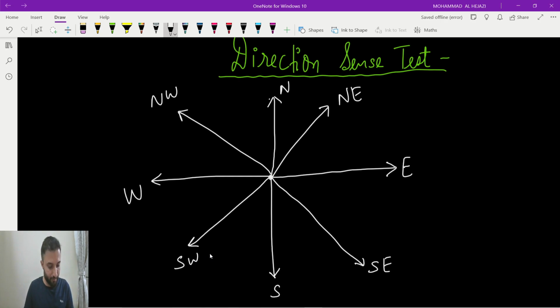Okay, so this is the direction we know already, right? North, down is south, right side is east, left side is west. Between are northeast, southeast, southwest, northwest. We know this, right? The first thing you have to remember is these directions.